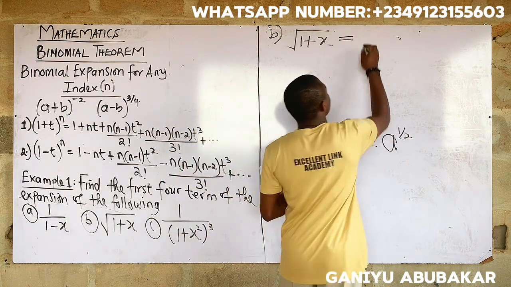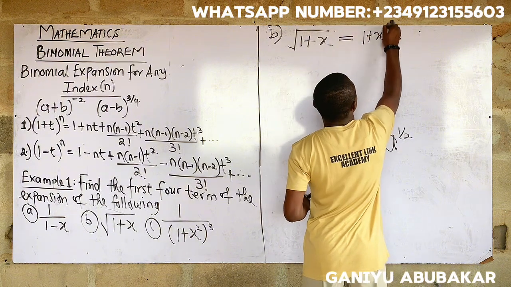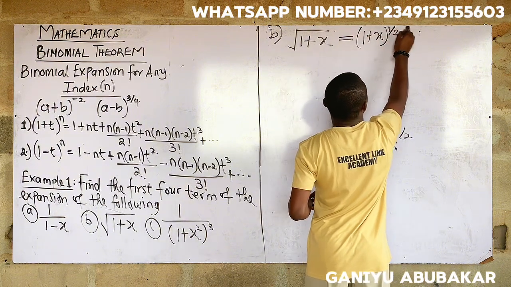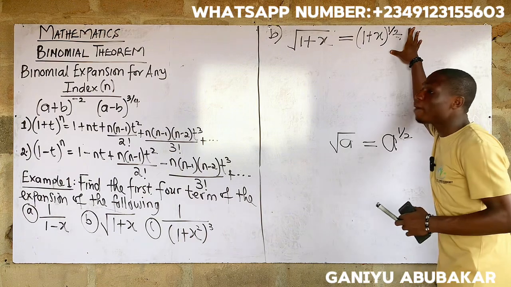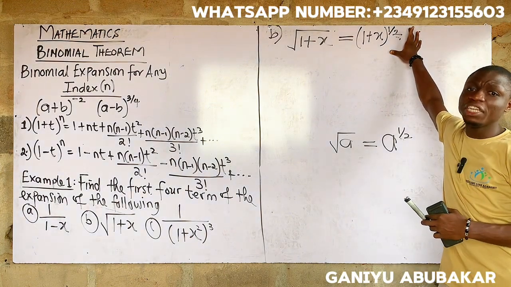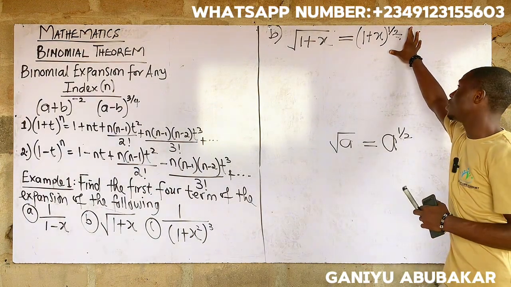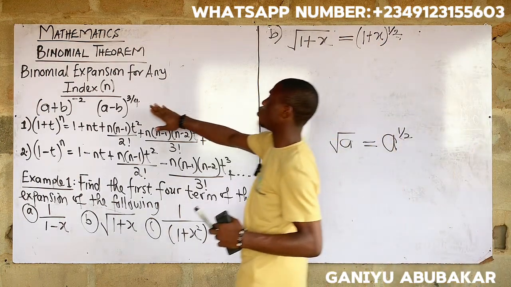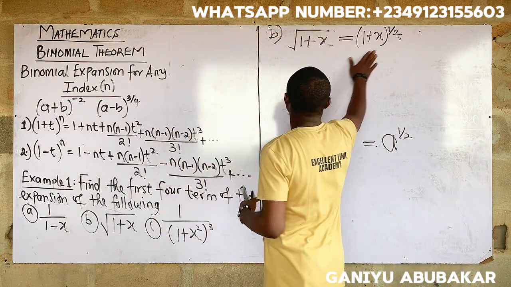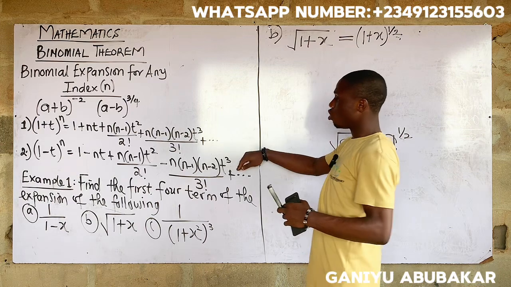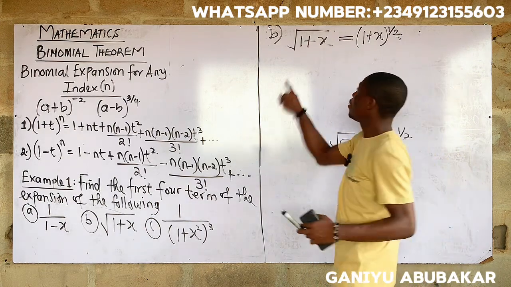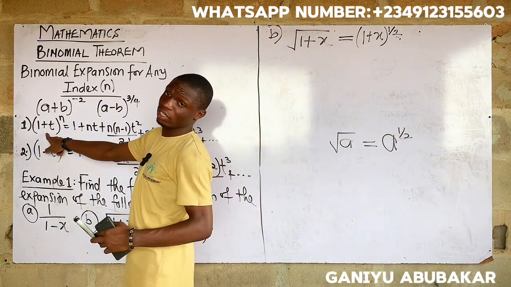Yes, it's indices. Apply this technique here. What do I get? 1 plus x to power half. It becomes a fractional index, degree, or power, if you want to call it. So this becomes a condition of this nature now. Which formula am I applying, the first one or the second one? Of course, the first one. Why? Plus is there. So I apply this.